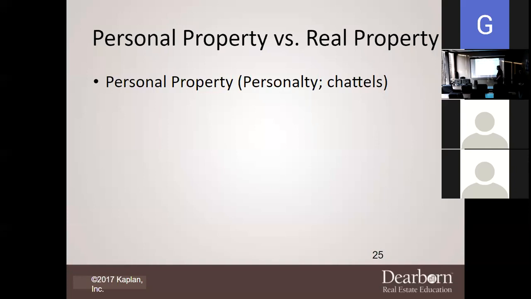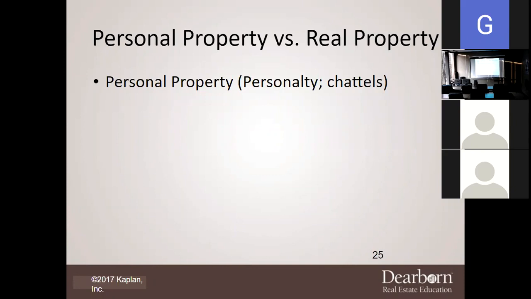So in that situation, it's chattels. The easiest way to know this is this: it is anything that is not real property. Make sense? So anything that is not real property is personal. That's simple. So, Mr. Eugene, let me ask you, this window here, we can take this home with us, can't we?